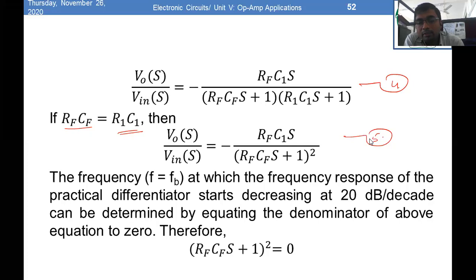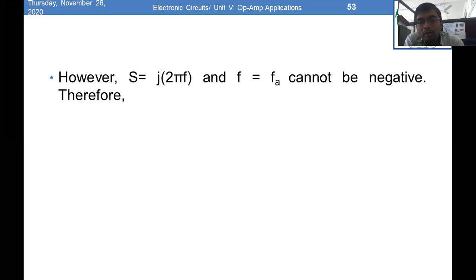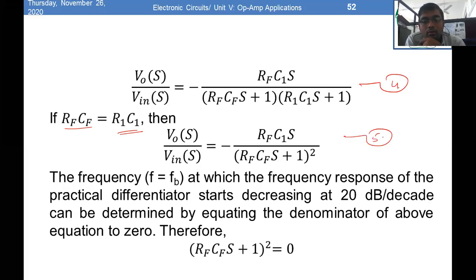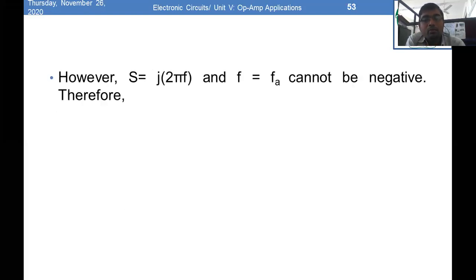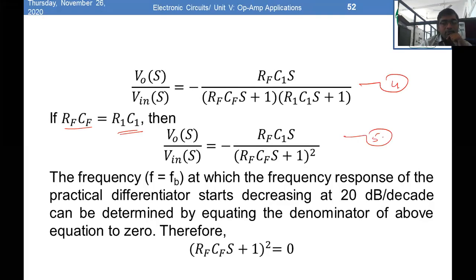Here you would get a value in this way. However, in this equation, S is j omega, means j into 2 pi F, and F at F equal to FB is the limiting frequency. It can't be a negative value, and therefore FB would be 1 upon 2 pi R1 C1.